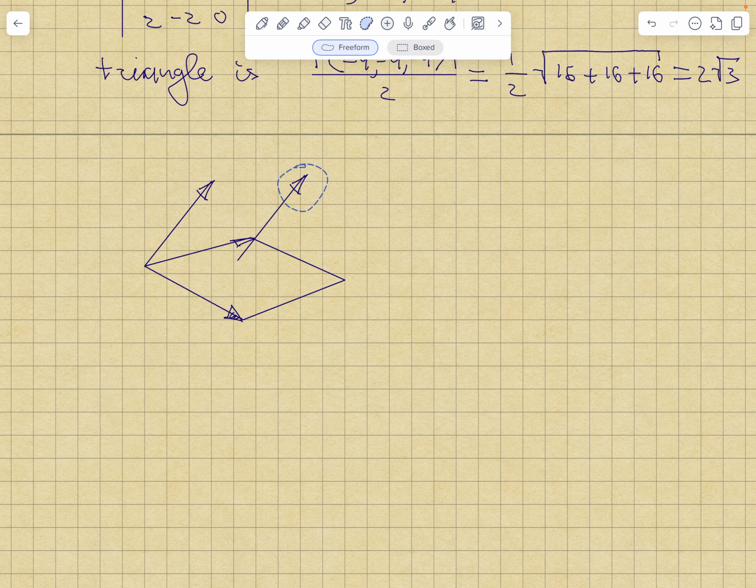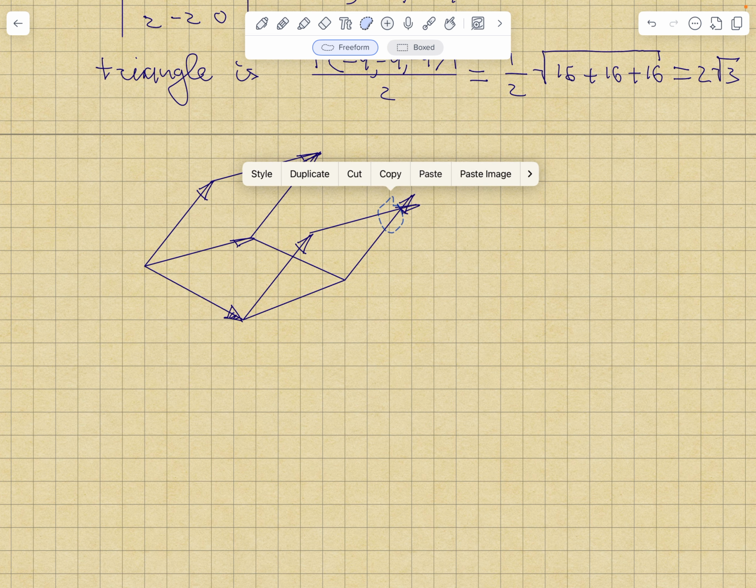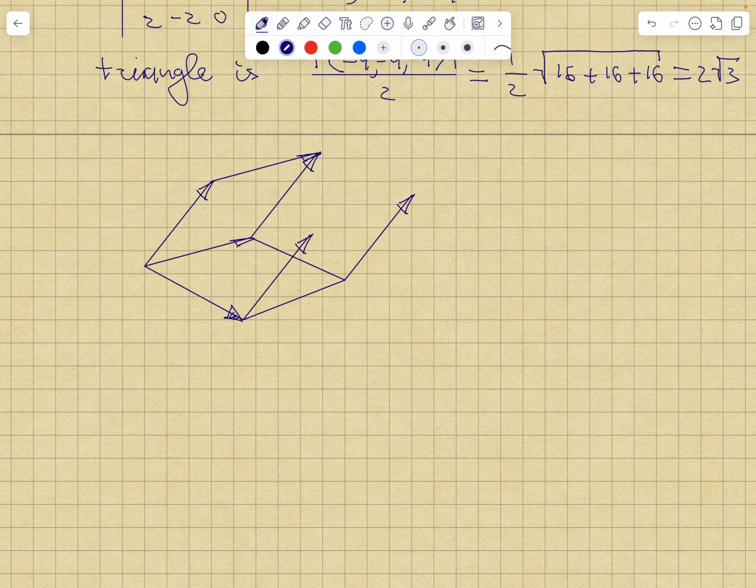Another vector like that from here, another vector from here, another there, and then one more, and then to complete one more here and one more there.